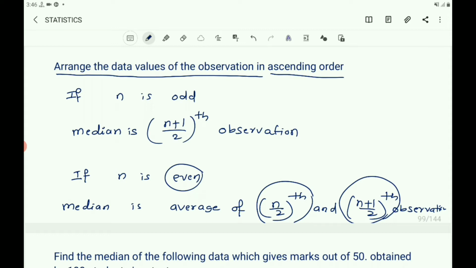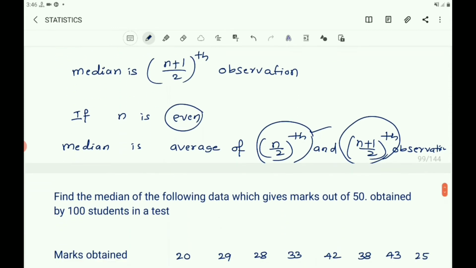Then median is the average of n by 2th observation and (n plus 1) by 2th observation, that is, n by 2th observation plus (n plus 1) by 2th observation, divided by 2. Average means we have to take the n by 2th observation, and also the (n plus 1) by 2th observation. Average of those two becomes the median of the data if n is even.